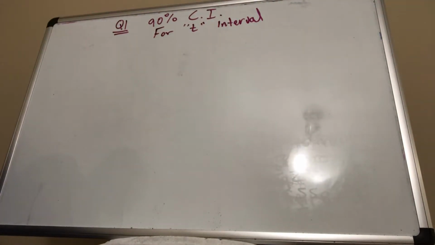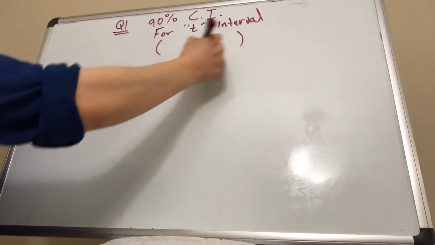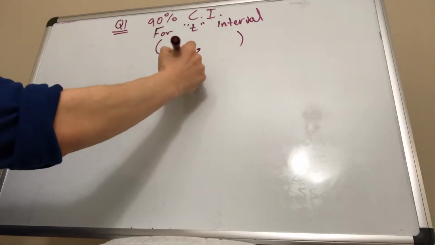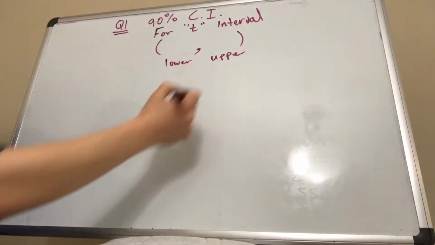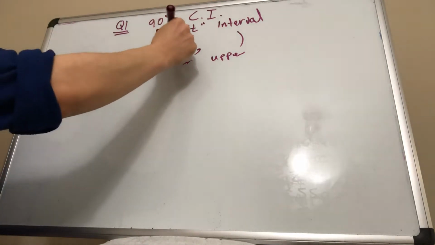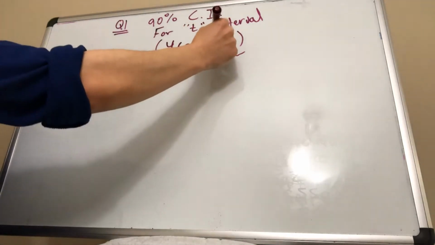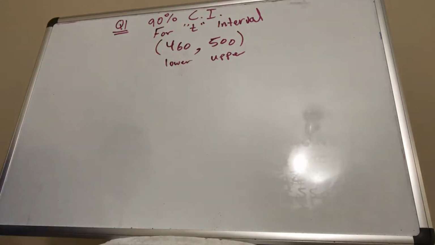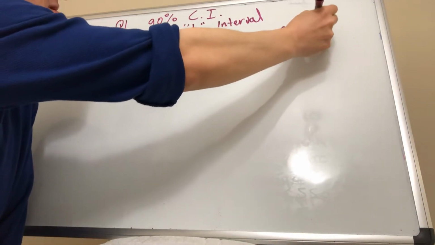Once they calculated this confidence interval, they ended up with a lower and an upper point. The lower is 460, the upper is 500. I'm doing this for one of the versions. I don't know if you guys are getting the same numbers. If not, it would be different numbers, the same concept. And this was done on a sample of 25.